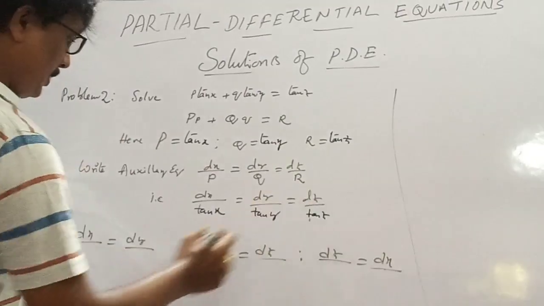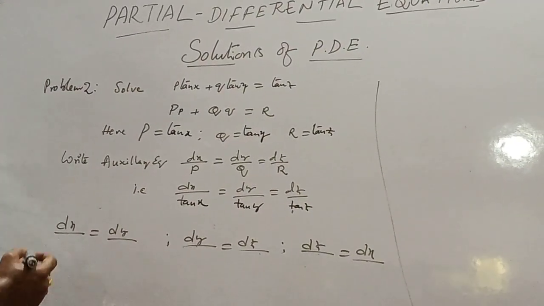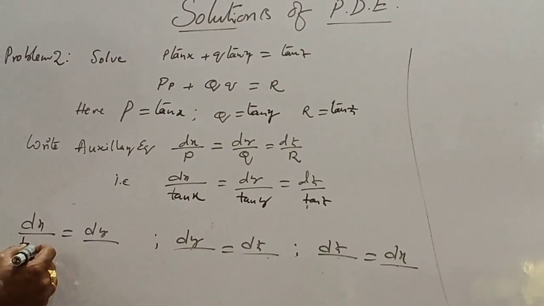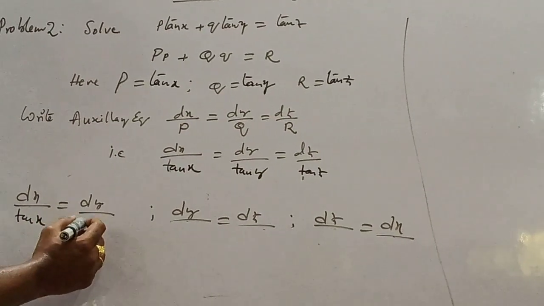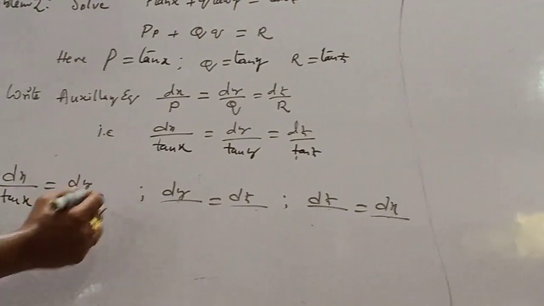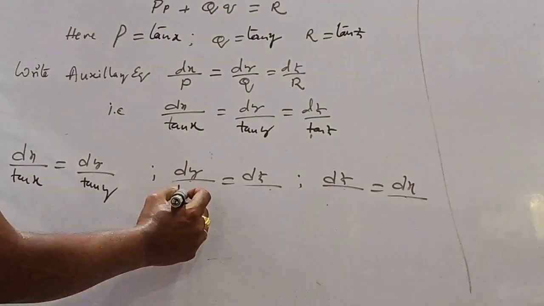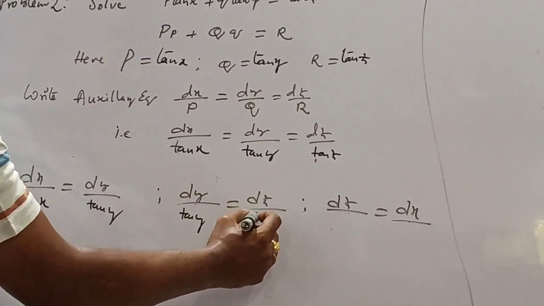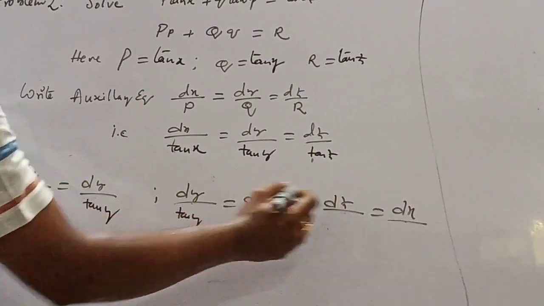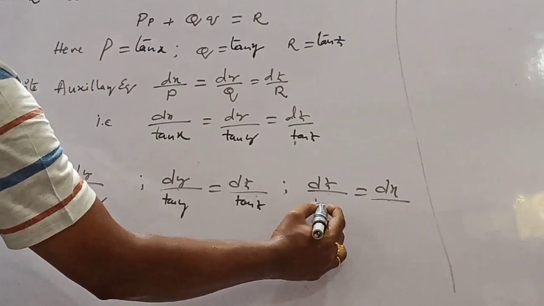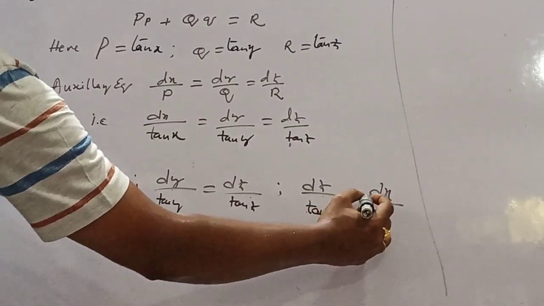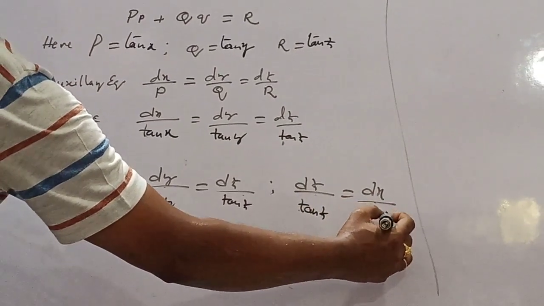Here we are taking the grouping method: dx by tan x equal to dy by tan y, dy by tan y equal to dz by tan z, and dz by tan z equal to dx by tan x.